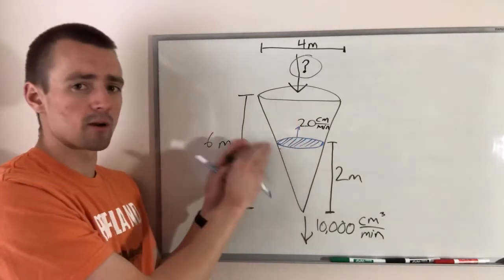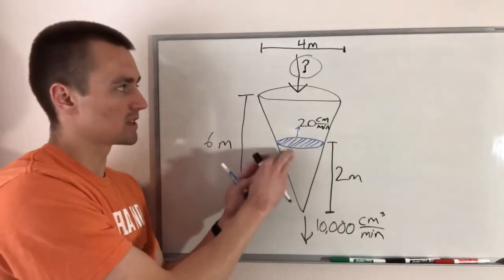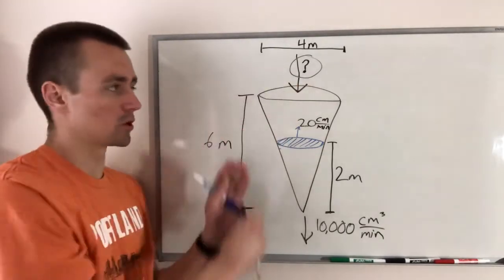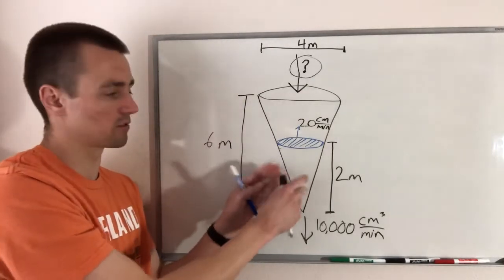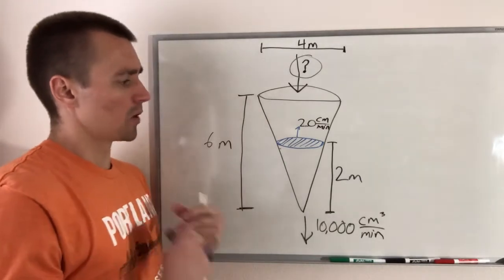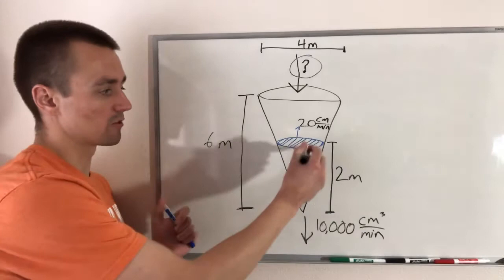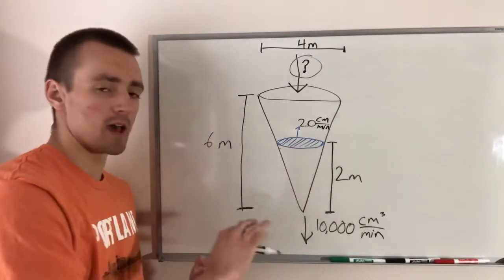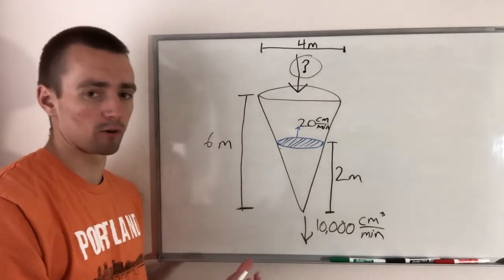So if we can figure out the rate at which the volume of this cone is changing, we can use that to figure out the rate that water is being put in, because the rate water is being put in is going to directly impact the rate of change of the volume of this small cone. So essentially, we're going to have some sort of equation having to do with the volume of this cone. And once we take its rate of change, that will get us to what we're eventually trying to find.